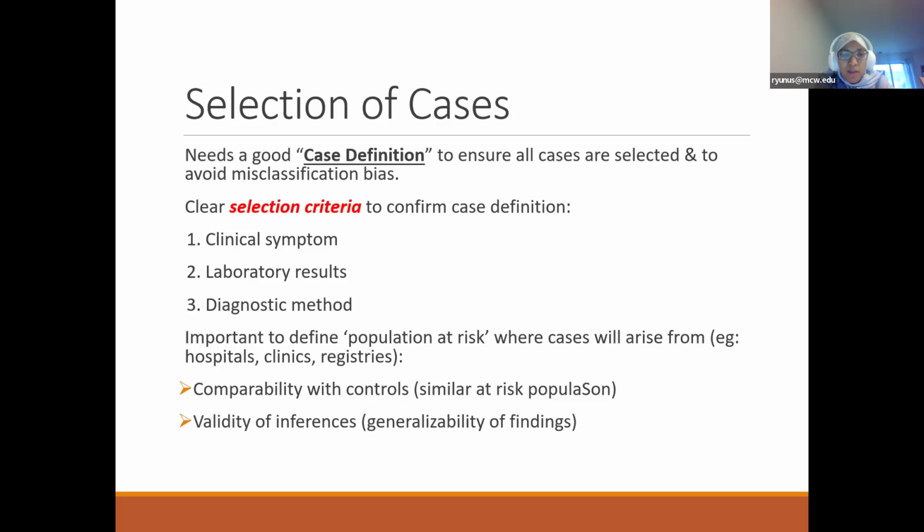When you select cases in a case control study, the first step is to have a case definition. So case definition basically is that you need to list down your selection criteria to make sure that all the cases you select to include in your study really fulfill the definition of case. I'll give an example.